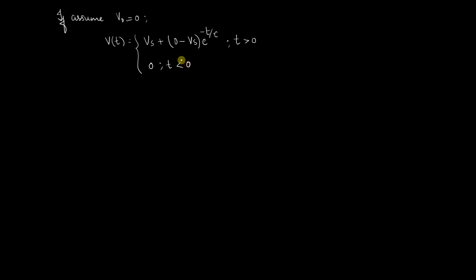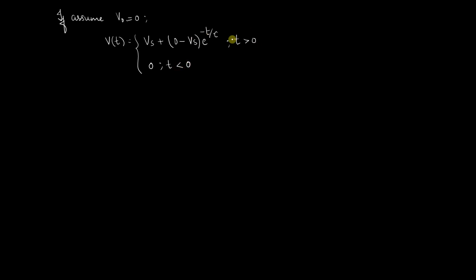Now let us assume that V naught is equal to 0, that is the initial voltage of the capacitor is 0, then we get V of t to be equal to Vs plus 0 minus Vs e power minus t by tau for t greater than 0 and 0 for t less than 0.